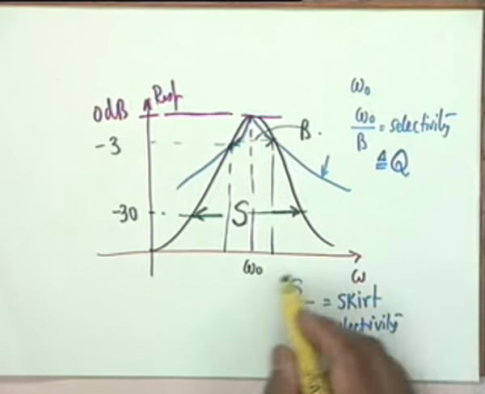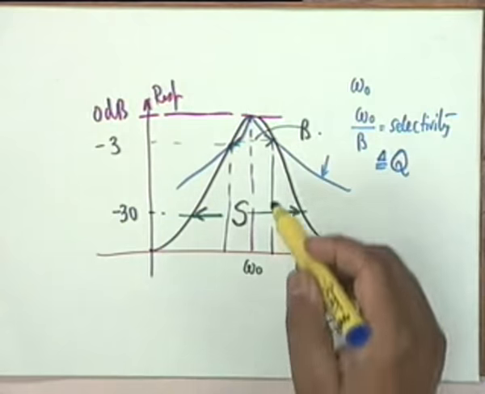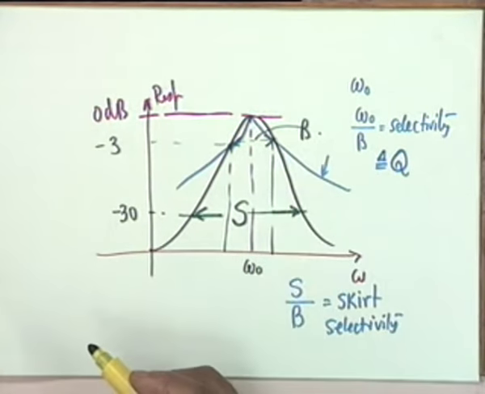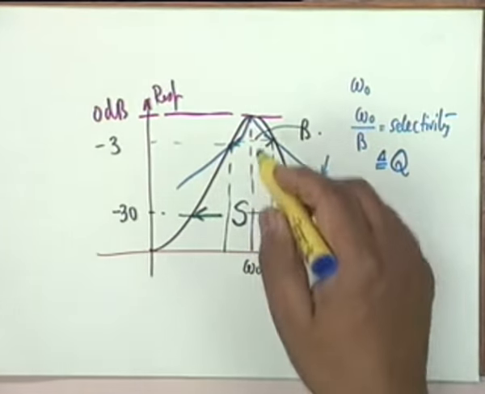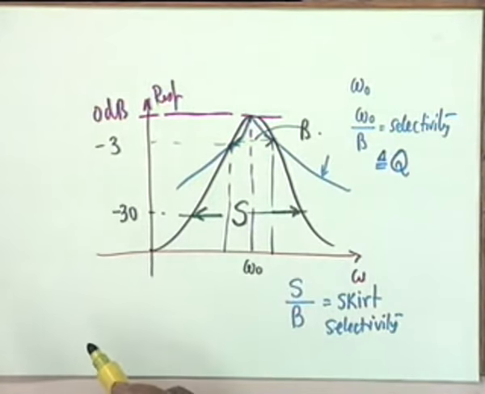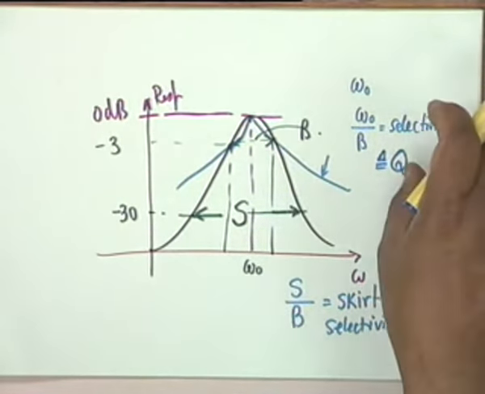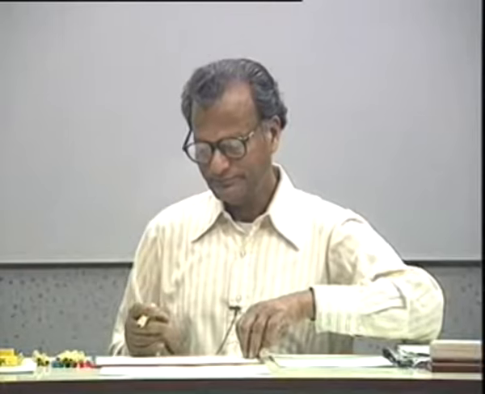But anyway, this is the definition, S by B. S by B for the black characteristic is lower than S by B for the blue one, but the black one is preferable. So for skirt selectivity you require a low value, for omega 0 by B you require a high value. There is a slight contradiction here.